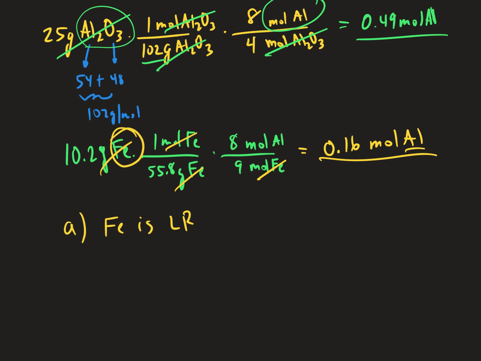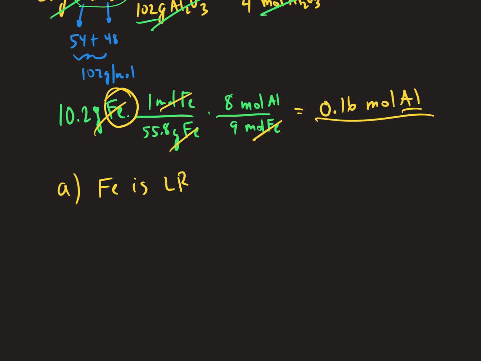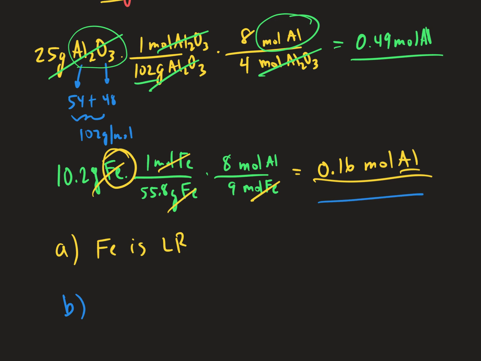Okay, good. And then part B asks, or it says, determine the number of moles of aluminum produced. Now, this is just a prediction, right? What is our best prediction here? Is it this one or is it that one? It's 0.16.